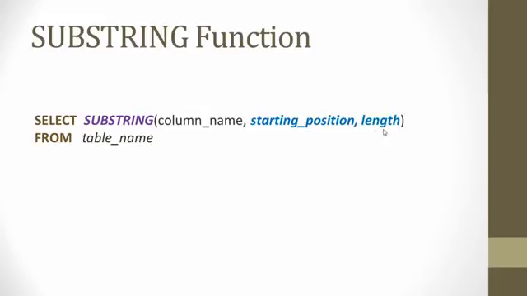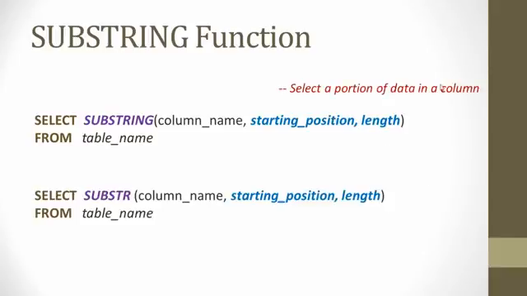In the sense, do you want to get 4 characters, 5 characters? That's the length you want to specify. So this is going to select a portion of the data in a column. In some systems substring is fully spelled out, and in some it is just substr. So once again we have the starting position and the length.